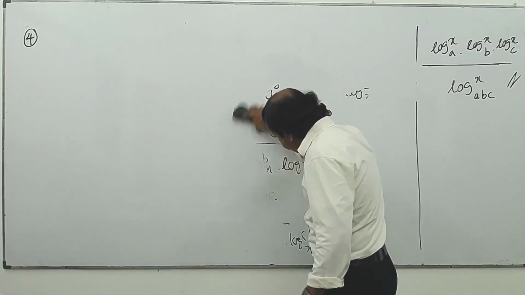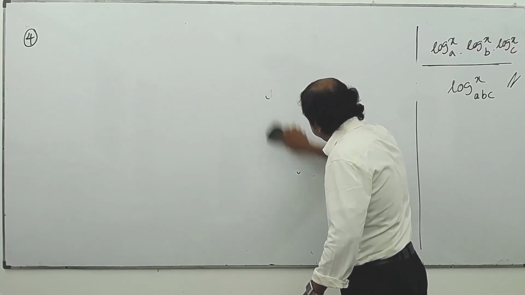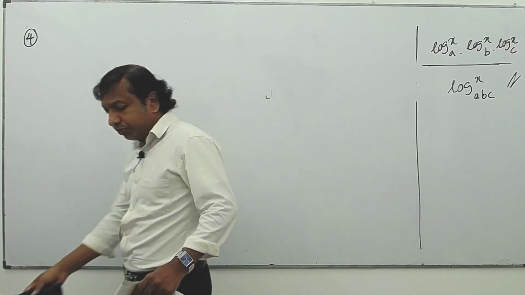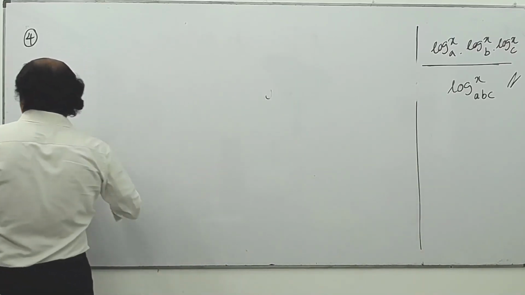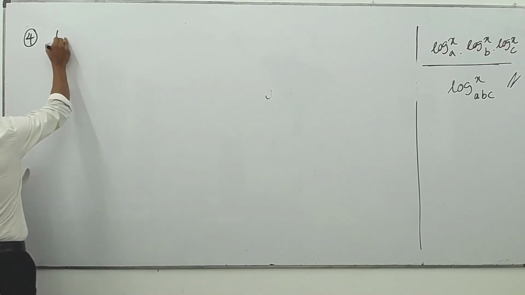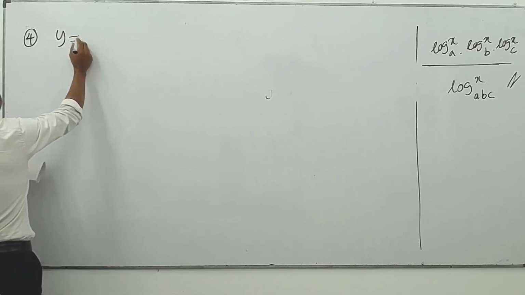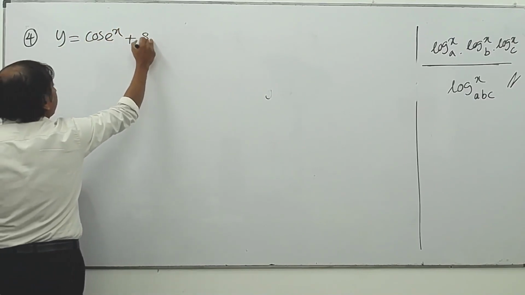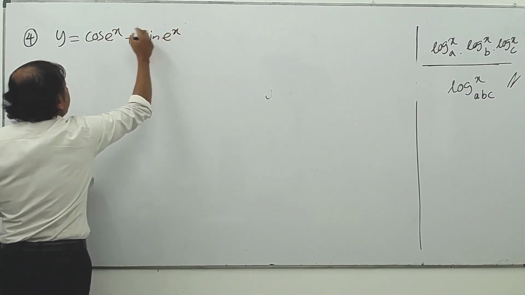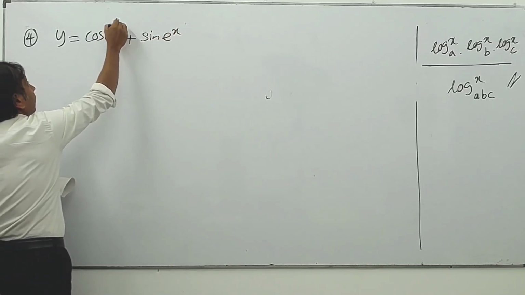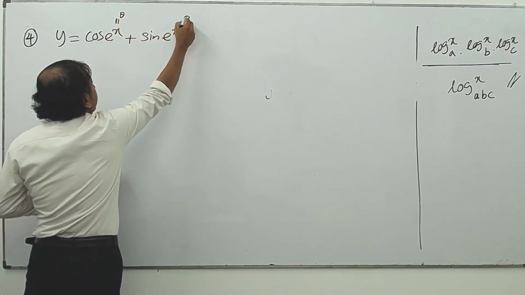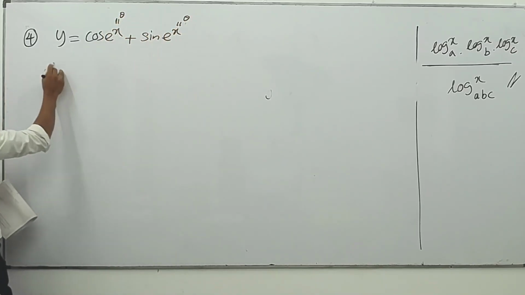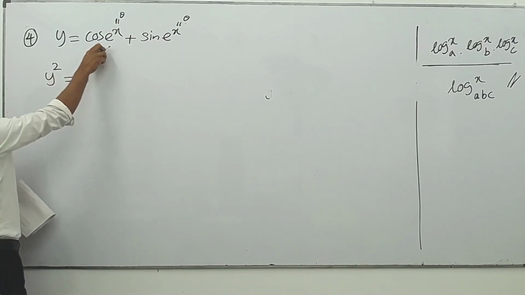Okay. Here we are given y equals cos x plus sin x. You can assume this x as theta. First we square this. What do you get?